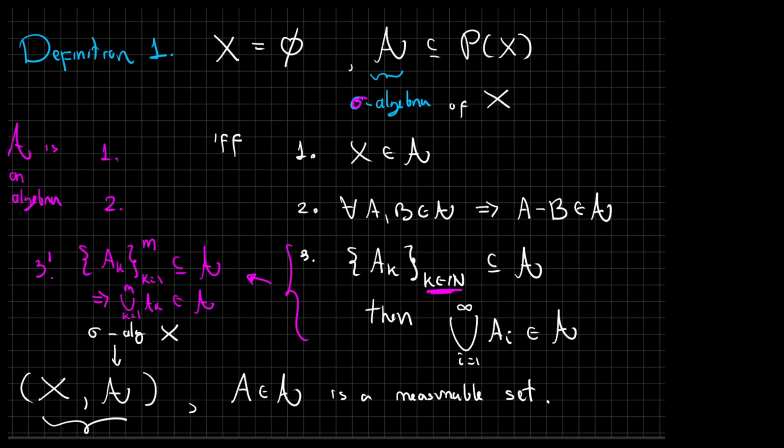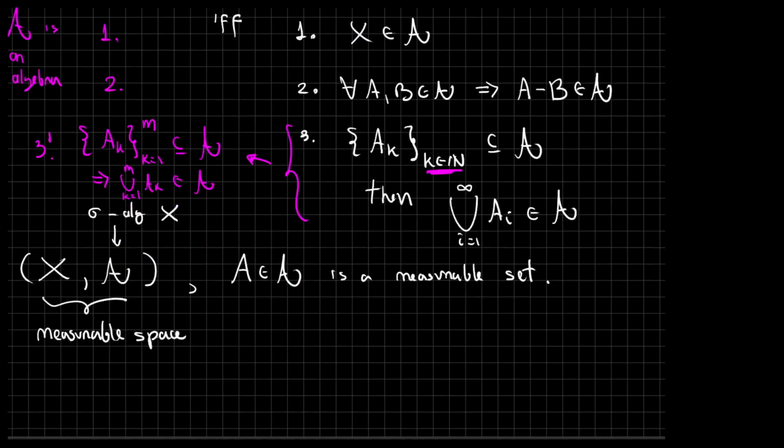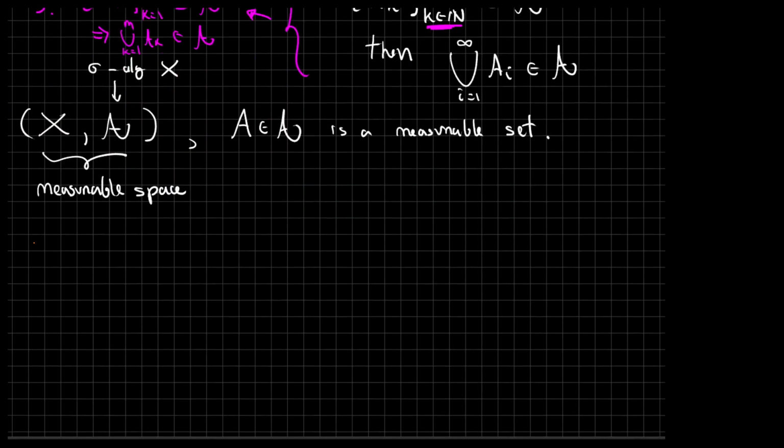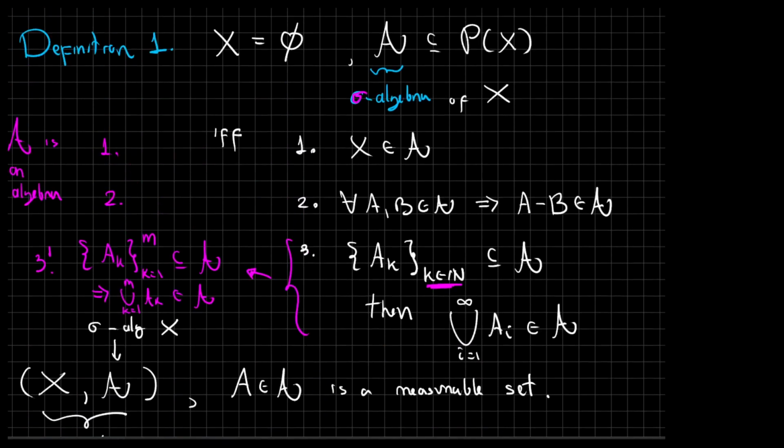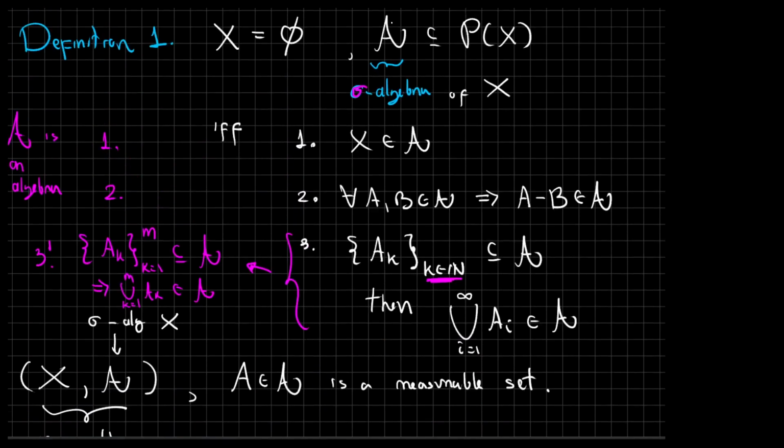So we can make some small proposition here. Proposition 1: every sigma algebra is an algebra. So it is obvious that if some set is a sigma algebra of X, then properties 1 and 2 are also the same for algebras.